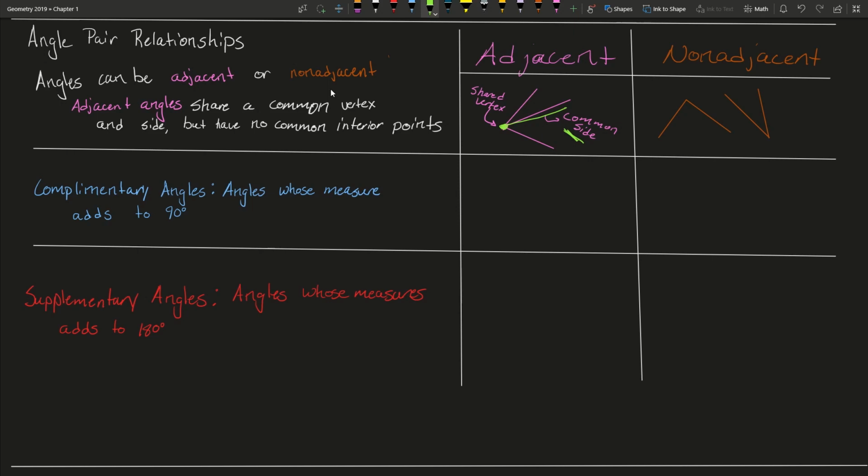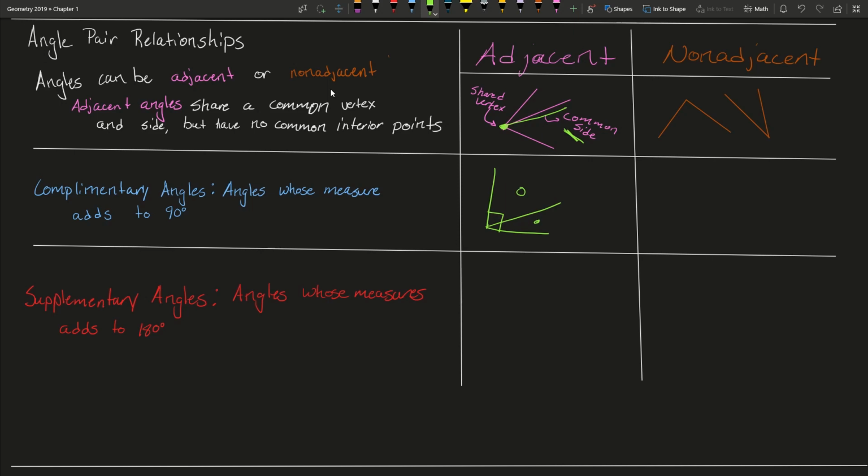Complementary angles are angles whose measures add up to 90 degrees. So again, they can be adjacent or non-adjacent. An adjacent angle that's complementary to another will form a 90-degree angle, where this top angle plus this bottom angle, those measures add up to 90 degrees.